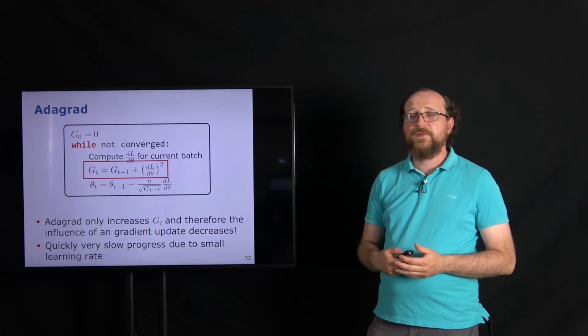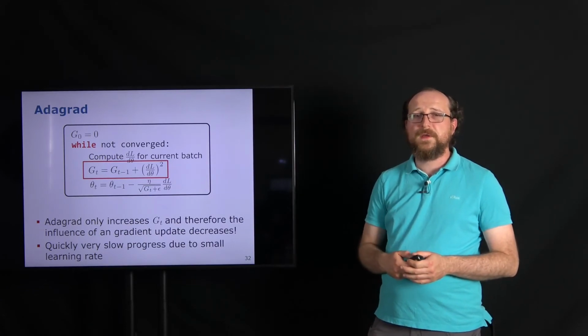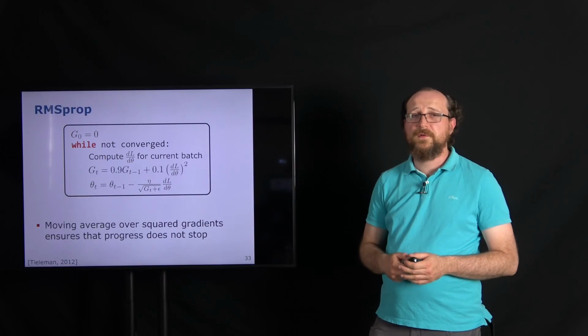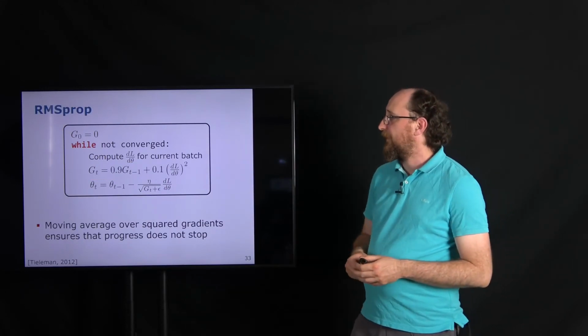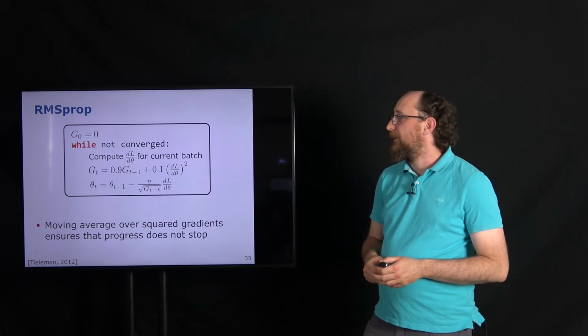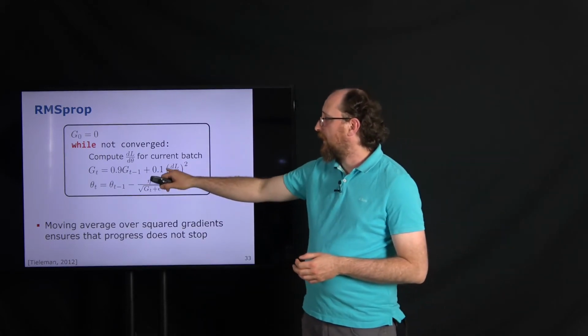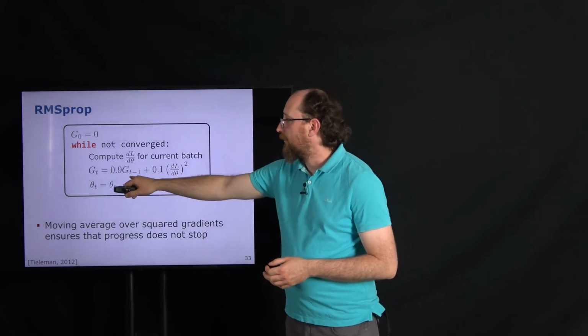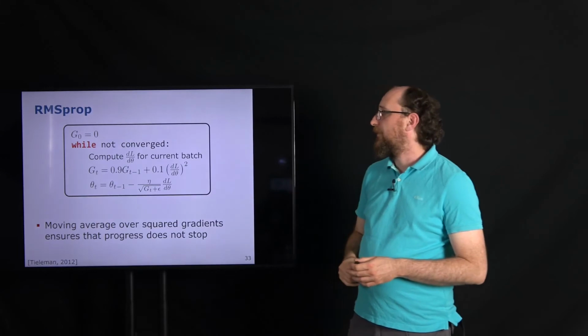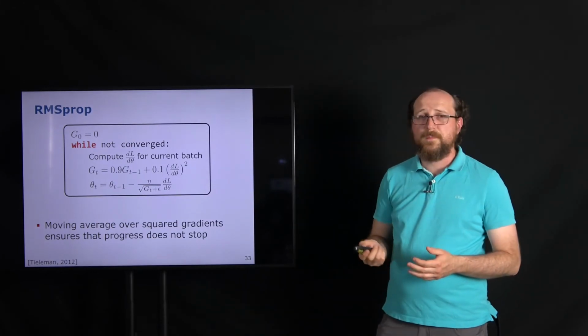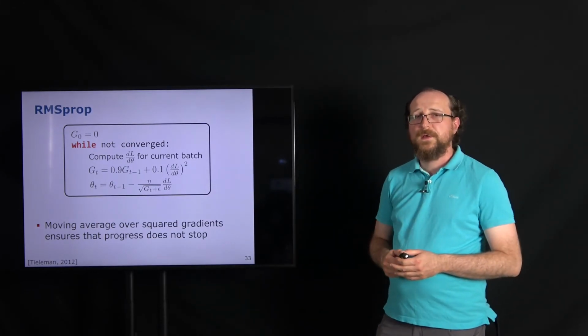So, this was then quickly corrected by other researchers that noted this behavior and then just said, okay, instead of just accumulating the squared gradients in the end, we are just doing a moving average over our last update plus the new update. And with this, we get a much better behavior in the end.